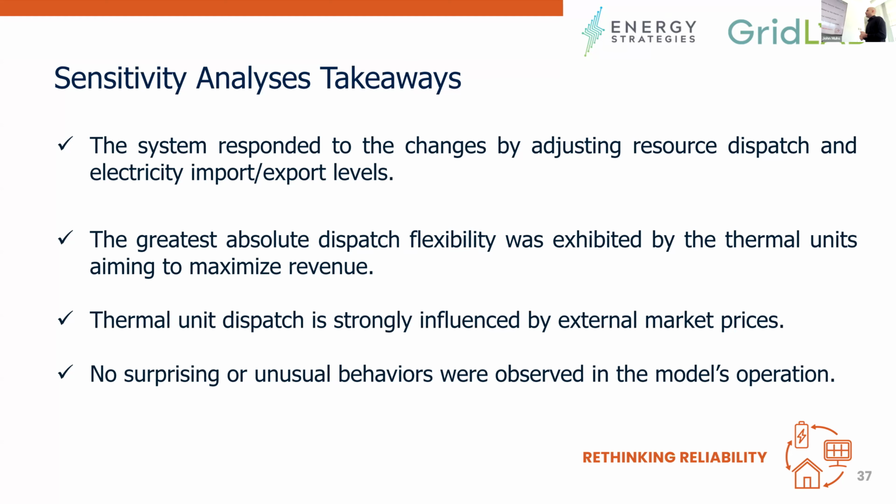And again, as I mentioned, the goal is just to maximize the revenue. And the thermal unit dispatch is strongly influenced by external market prices. Whenever the prices are high, we have more generation out of thermal units. When prices are low, less generation, and again, the same goal, maximizing the revenue.